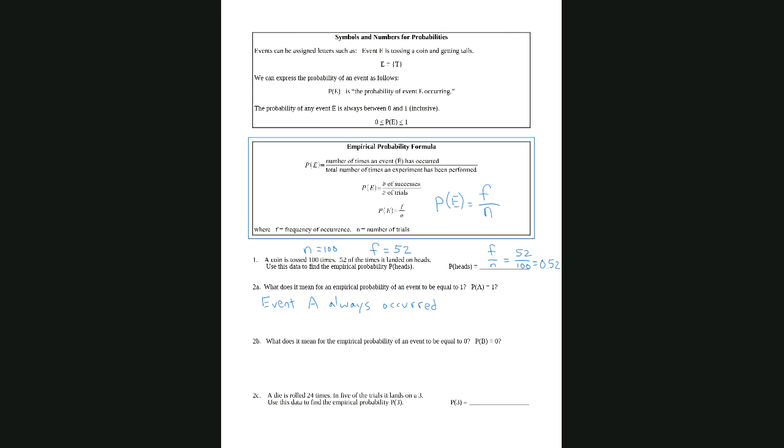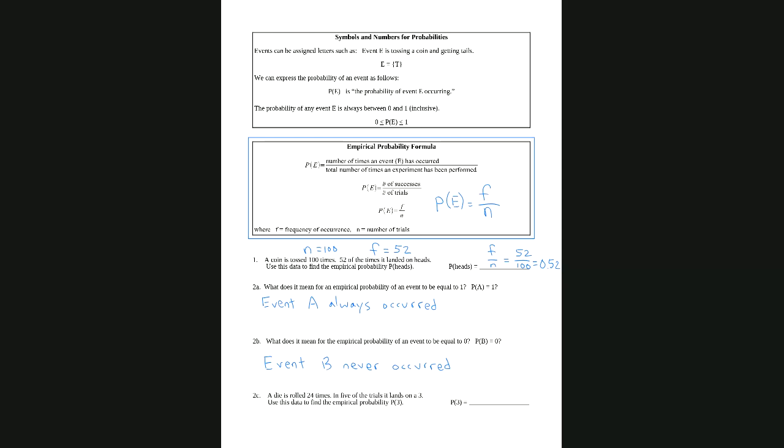But note that that does not mean event B could never happen in the future. Later, we'll look at how those descriptions are a little different when it comes to describing theoretical probabilities in a future video.